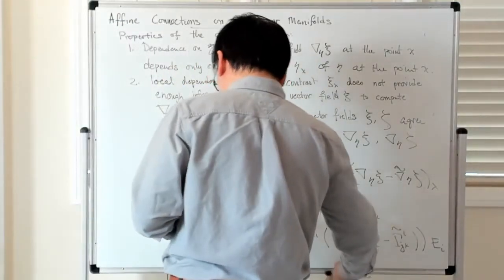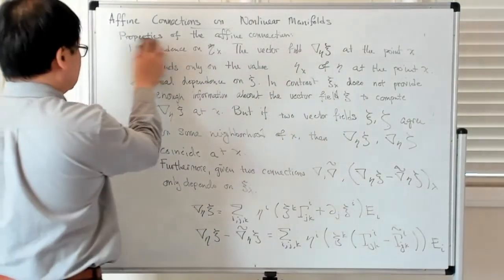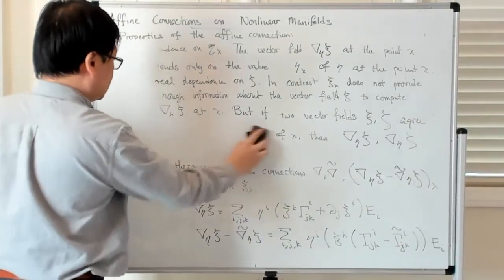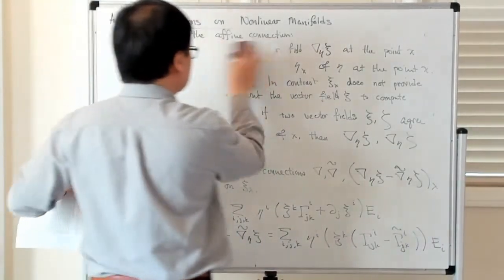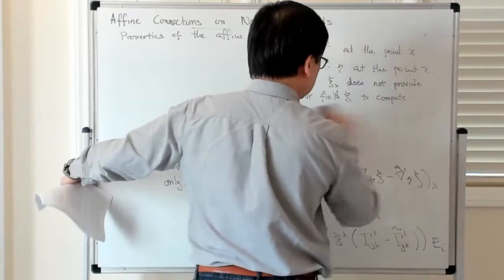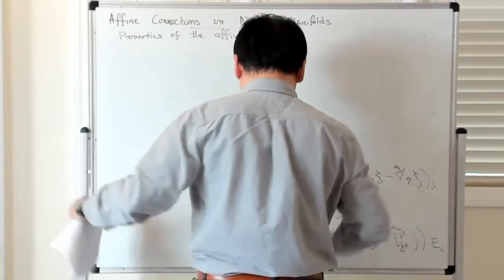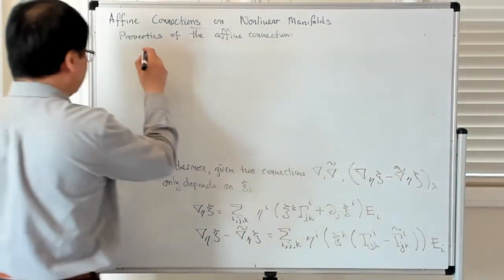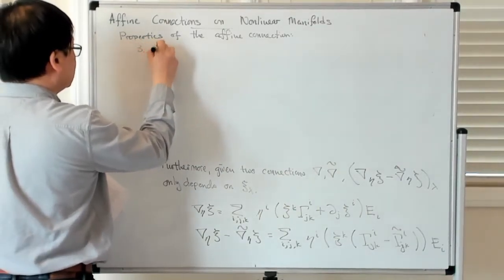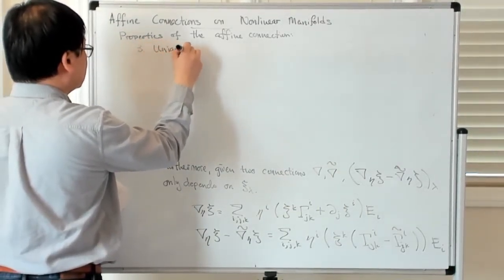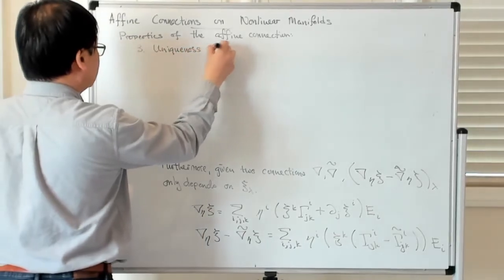And then finally, you can check that there's a uniqueness theorem, the uniqueness of zeros.